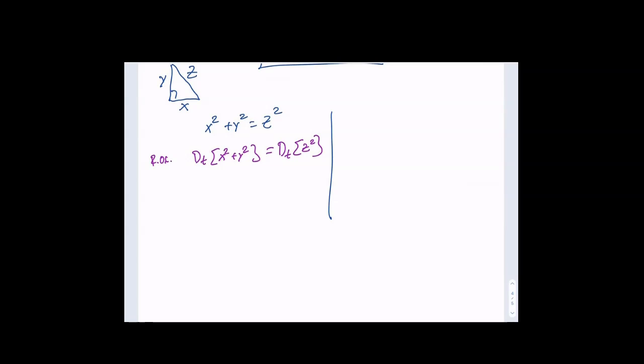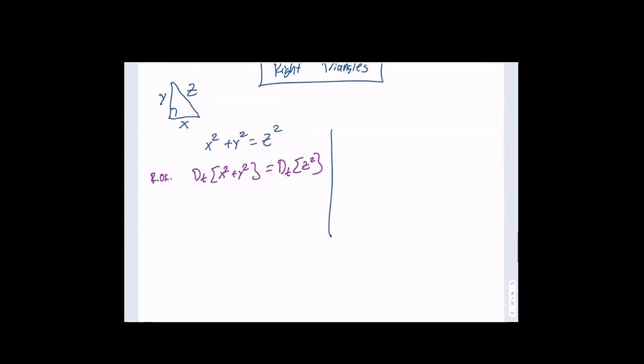What is this problem going to require? There's another rule that we have to use in this type of problem. Something that can help sometimes is that we can think of this as the derivative of x of t squared plus y of t squared equals the derivative of z of t squared.